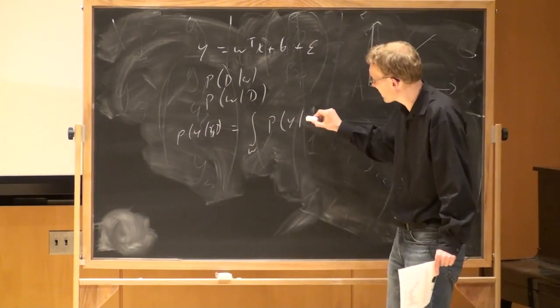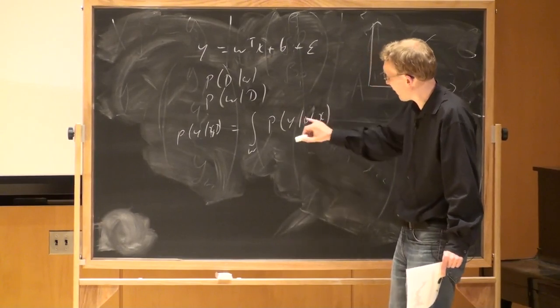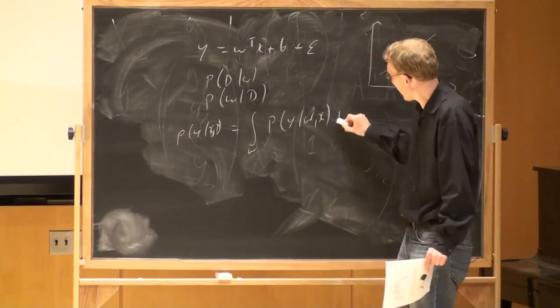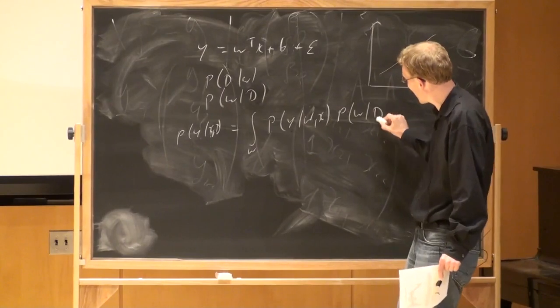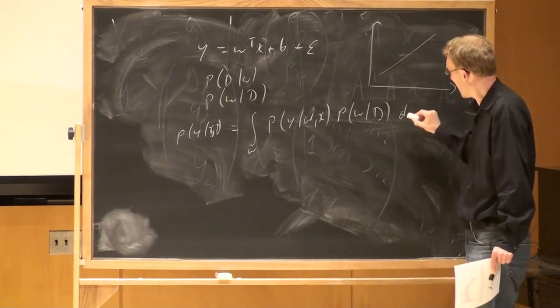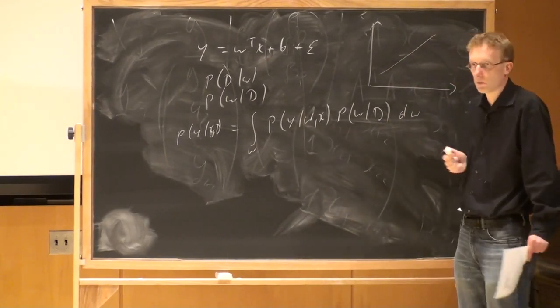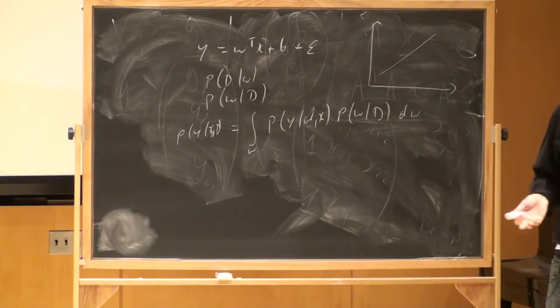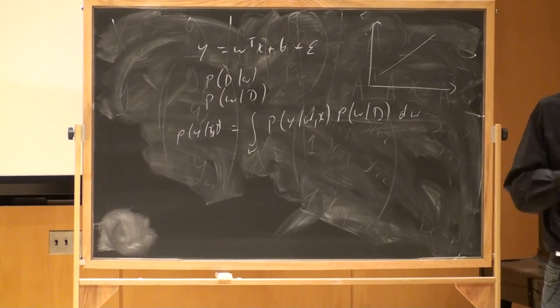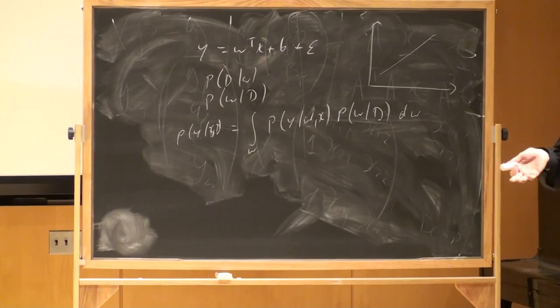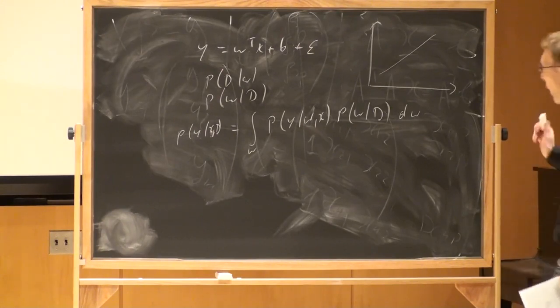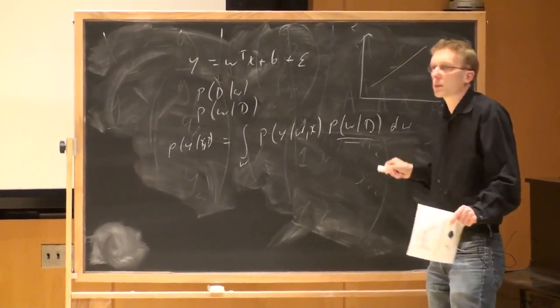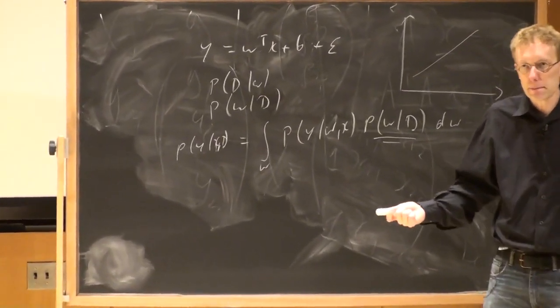For any w that I could have, I get a prediction, and every w has some probability that I would actually get it from my training data. I integrate that out. So I'm giving you the prediction that's the outcome of every possible model I could learn, weighted by the probability that I actually get this model from my training data.